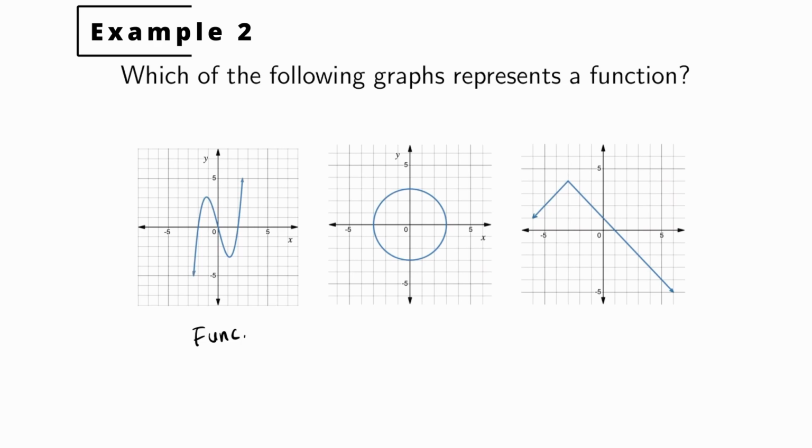So this one cannot be a function. And for the final one, again, if you draw a vertical line anywhere through the graph, it's never going to intersect at more than one point. So this one is also a function.